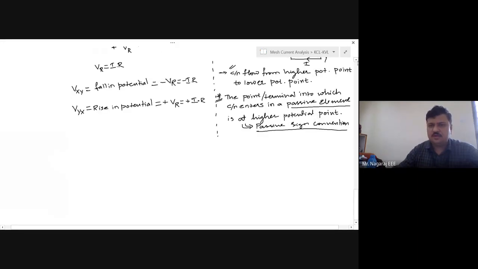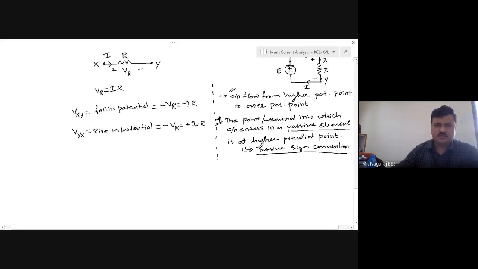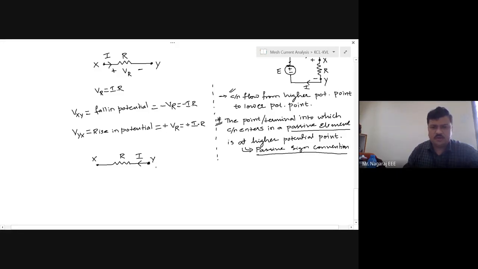Now, if I have the resistor and current is reversed, I have X and I have Y, the resistor R. Now current is from Y to X. Right? Then it is evident that the current where it is entering in the passive element is positive, the current where it is leaving is negative. Then what is Vxy now?